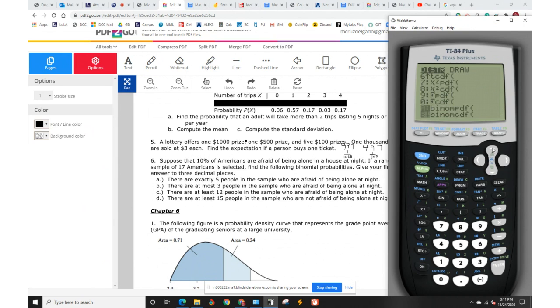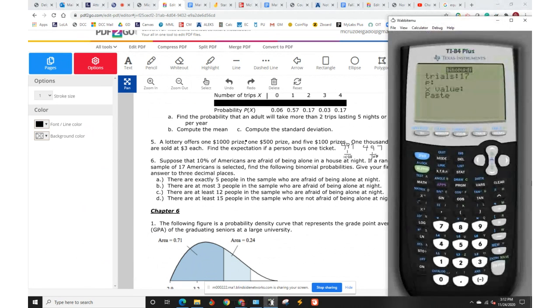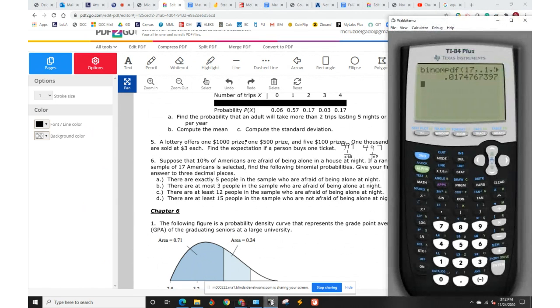When it says exactly or equal to, then that's the one time you can use PDF. So number of trials, that's 17. The probability is 0.1, 10%. And then your X value is you want 5. So it's 0.175.